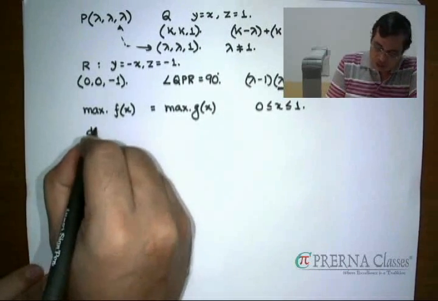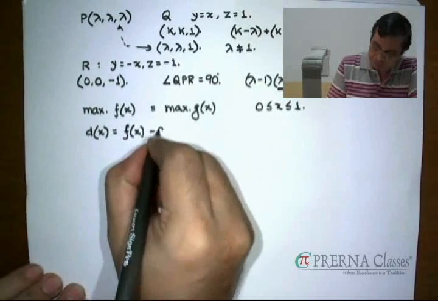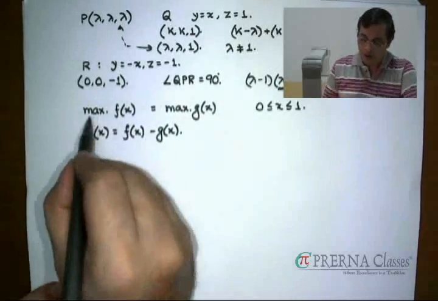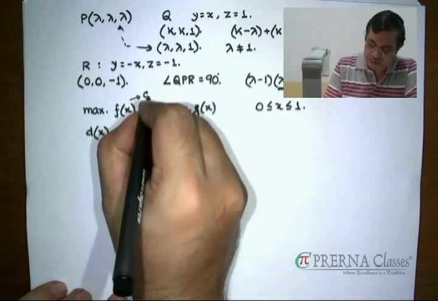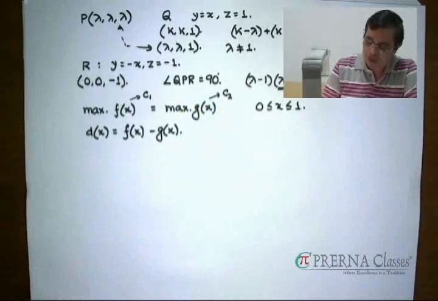If I then were to consider a function which is the difference of both of these, assuming say that this maximum of f of x comes about when x is equal to c1, the maximum of g of x comes about when x is equal to c2. Note that there could be multiple values of c1 and c2. They may be equal or distinct, that's immaterial here.